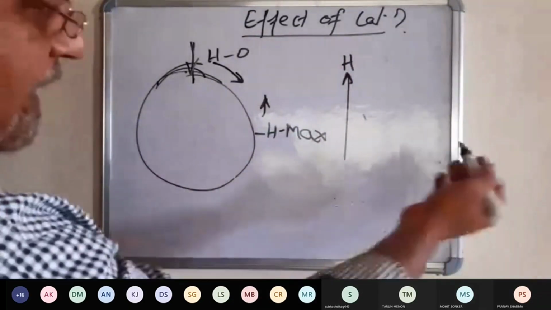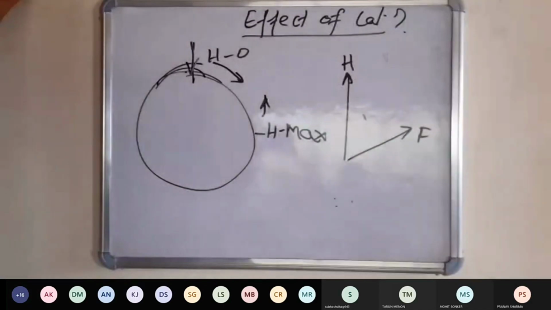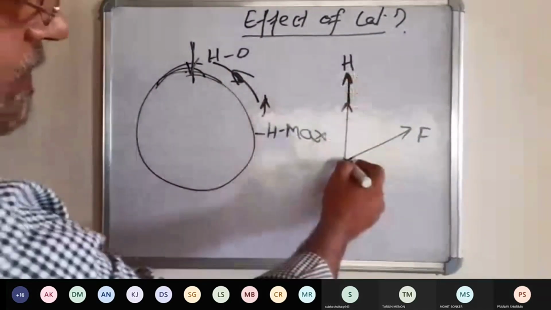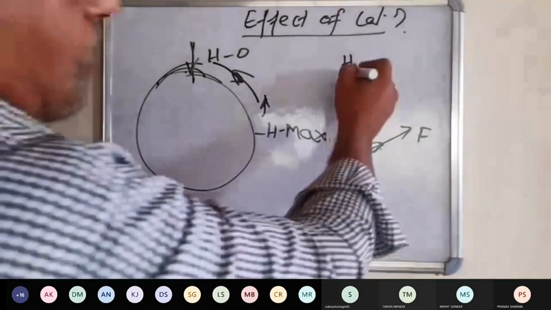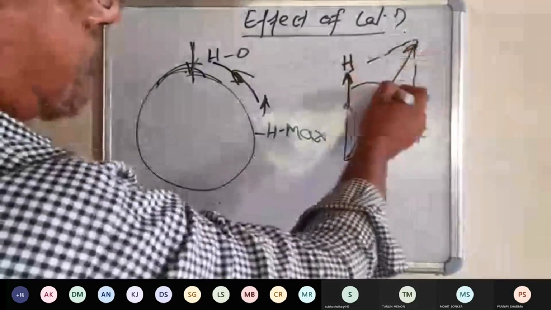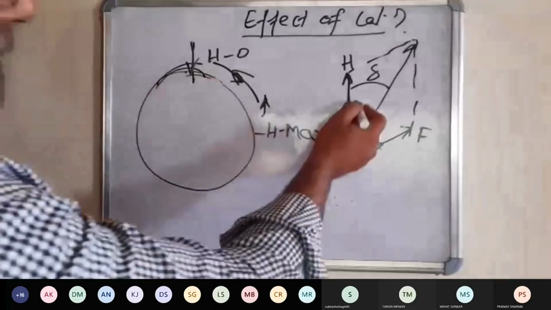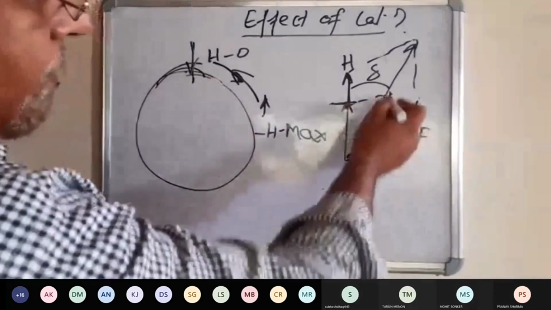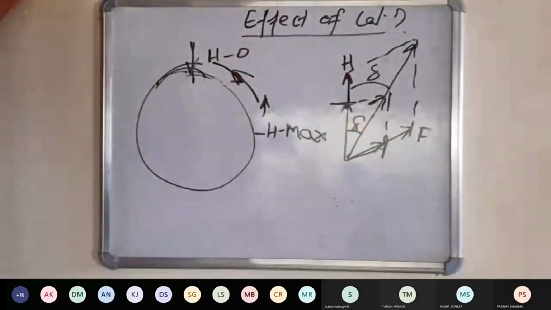and the disturbing force, let us say that disturbing force F is like this. If we go up in the latitude, the H becomes less. Similarly, by the same amount, this becomes less. So earlier, if the deviation was this much, when we go to upper latitudes, this reduces, but this also reduces. Again, what is happening to the direct deviation?